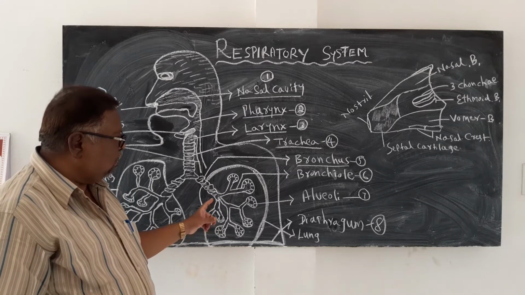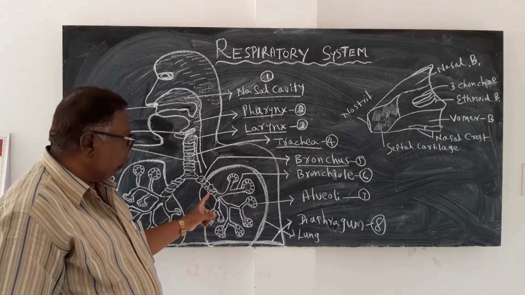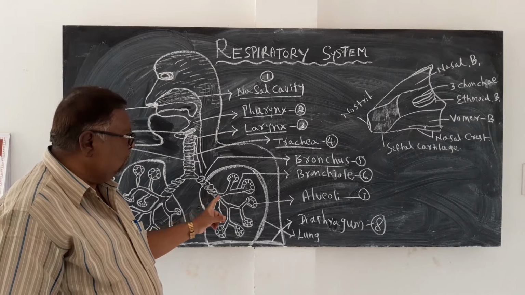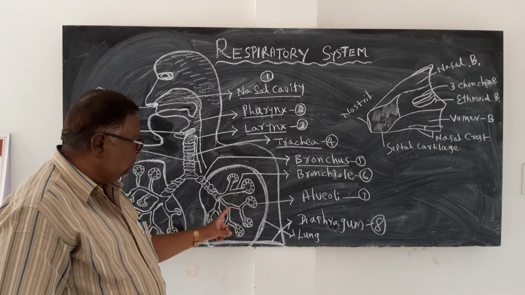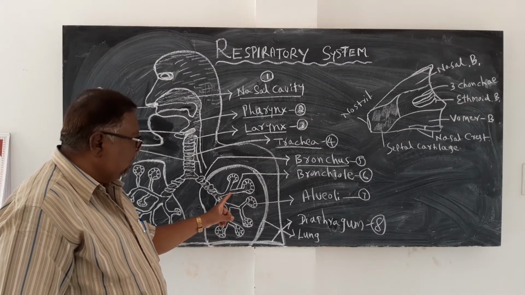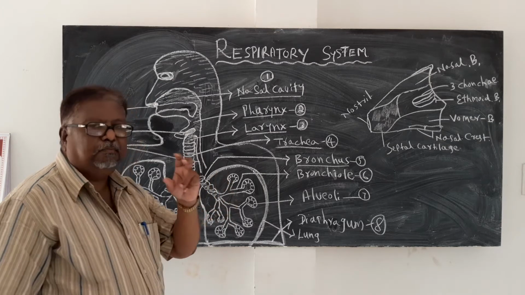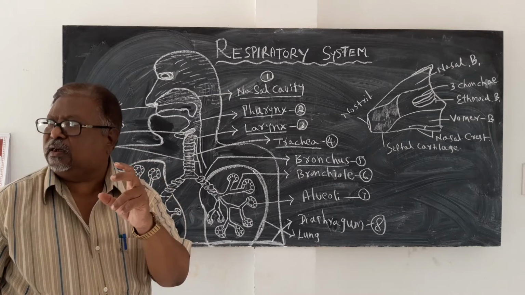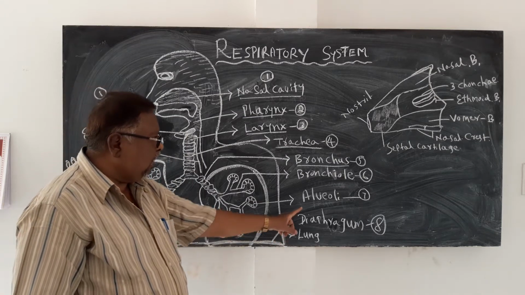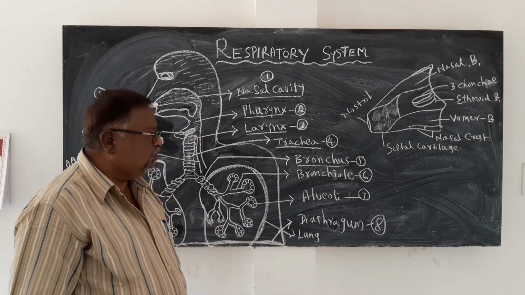So this bronchus divides into different bronchioles here, and the ultimate end of the bronchiole is a bulged bulb-like structure called alveoli. The seventh one is alveoli.